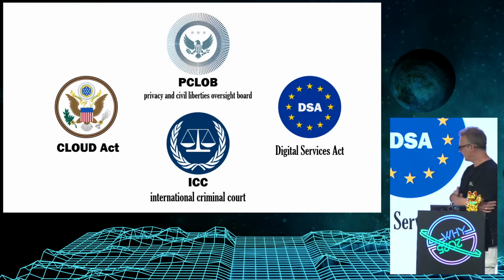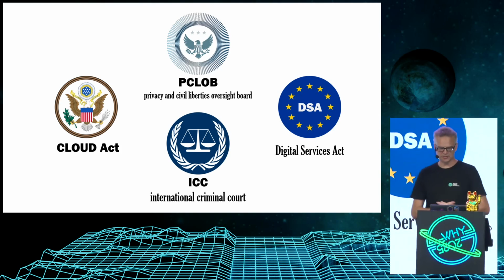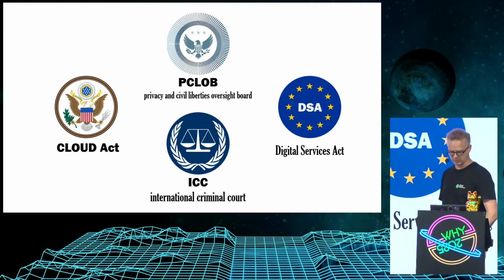And finally, in May this year, you may have heard, there was a big public relations campaign from Microsoft saying, if the US government tells us not to support European companies anymore, we will fight for you. We will go to court and fight our own administration so we can continue to provide services.